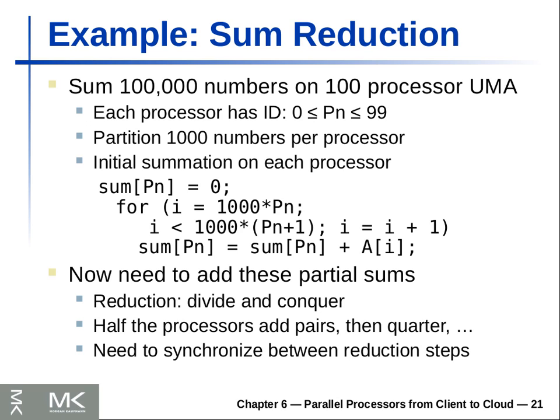Then for i from your processor number times 1,000 up to that plus 1,000, add the numbers to the sum. Each processor executes this code, so for their 1,000 numbers they're going to come up with a final sum. So you have 100 sums.